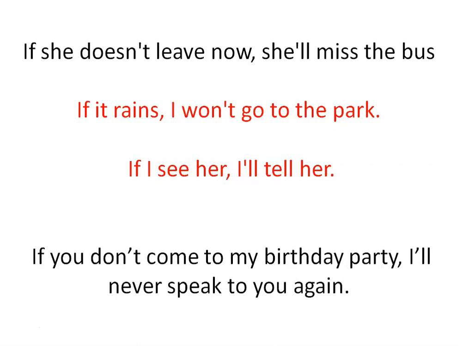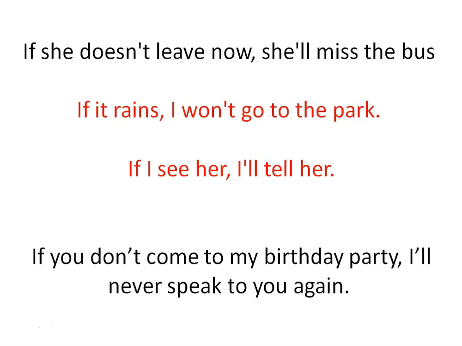In this sentence, if she doesn't leave now, in the first clause, if is attached to doesn't leave. Doesn't leave is in simple present tense. That we need to recognize, we need to identify the tense.